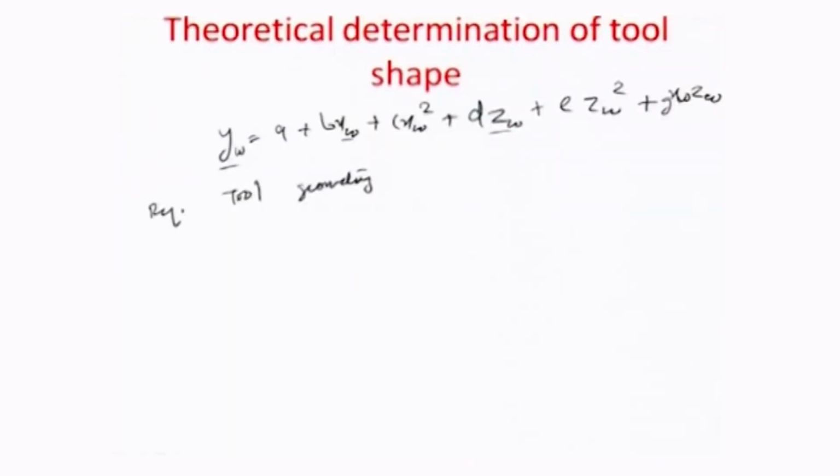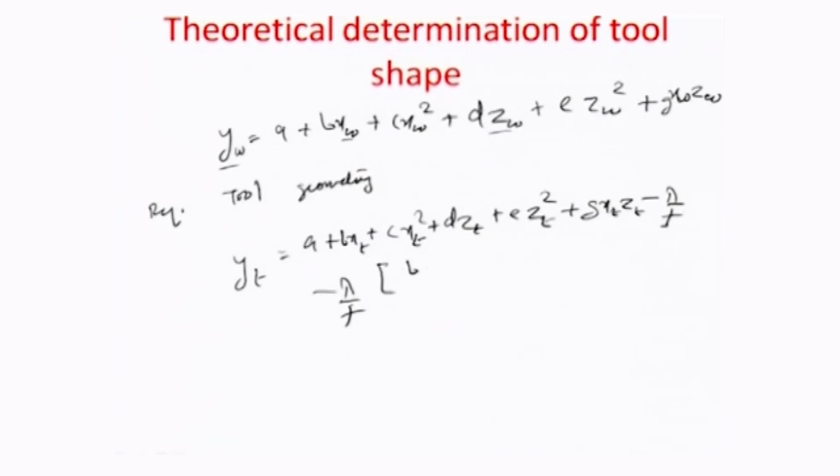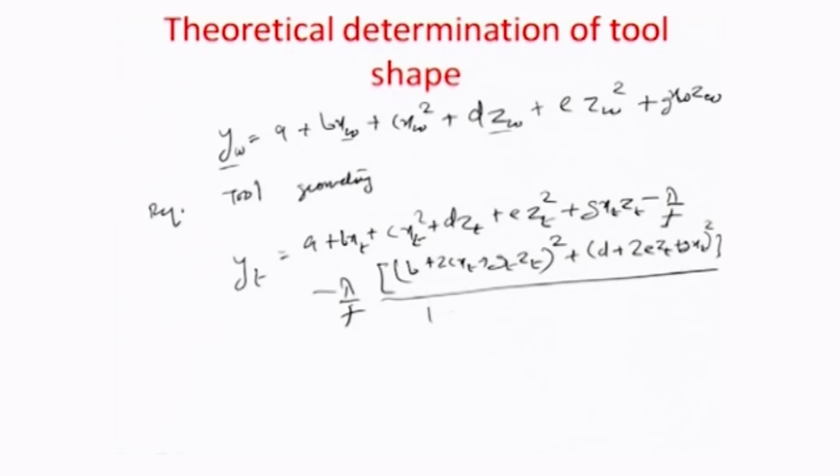So here the final relationship which comes out between the yt, xt and zt, the position coordinates of the tool surface, is basically a plus b xt plus c xt square plus d zt plus e zt square plus g xt zt minus lambda by f of this whole term here, which is b plus twice c xt plus g zt square plus d plus twice e zt plus g xt square divided by the term 1 plus twice c plus e lambda by f.